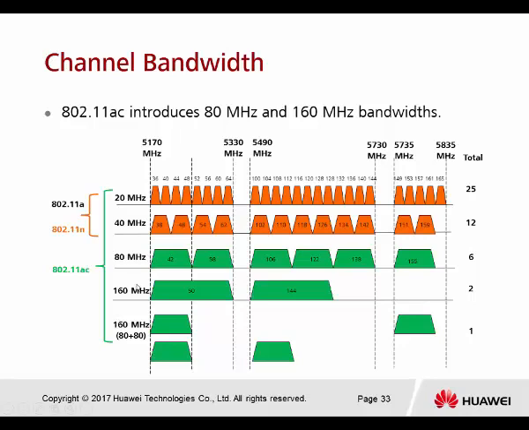Of course, for 160, you aggregate 8 different channels to increase the bandwidth. And the last one is 80 plus 80. It means I'm going to select different ranges of channels. For example, I'm using 4 channels on the first UNII band, number 1 here, and another 4 channels are on the other band, and I can also do this kind of aggregation.